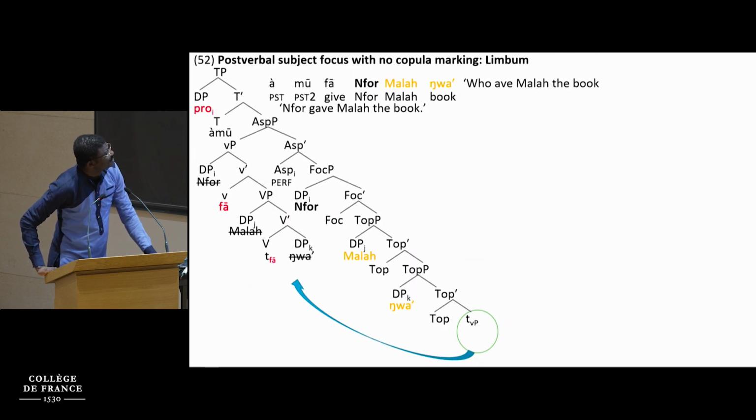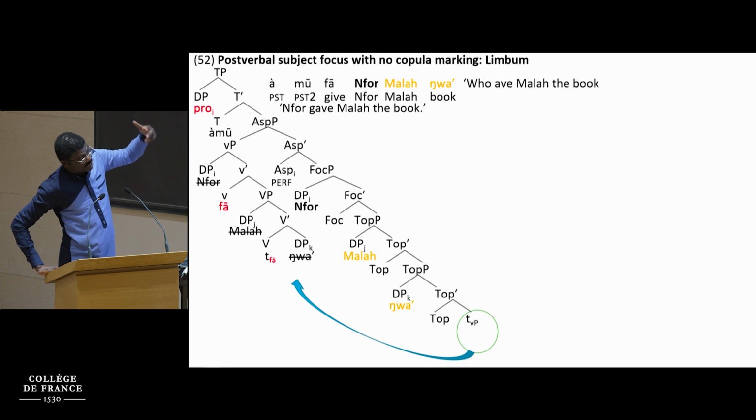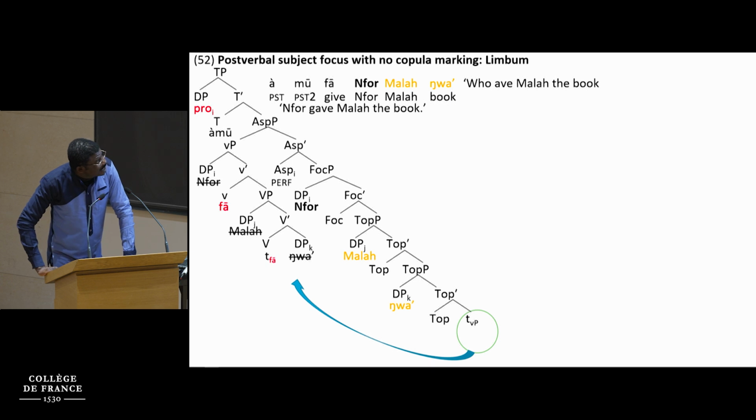And I think this should be the last one. Okay, the last strategy to highlight is post-verbal focusing without the copula and the pronoun. We saw that this strategy can be interpreted as new information or as contrastive focus depending on the context.